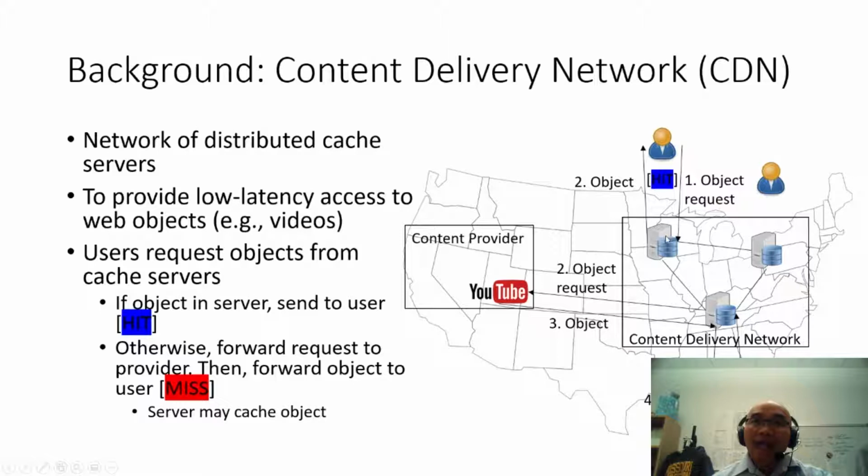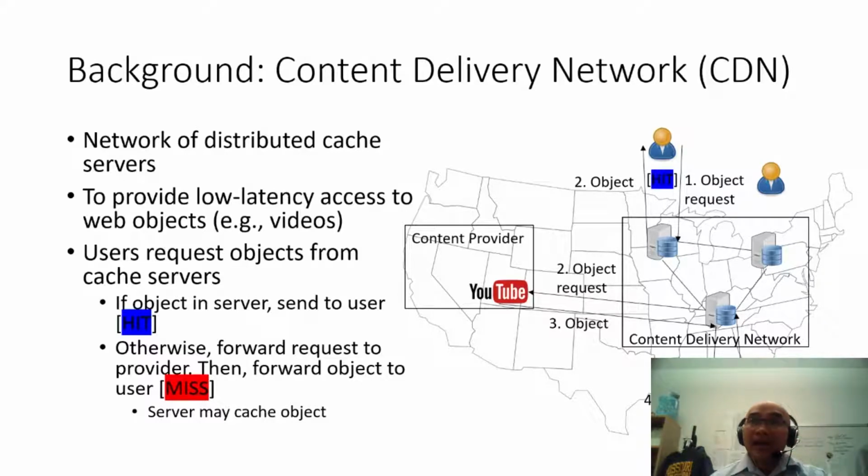And if the server has this object, then the object is going to be sent to the user directly. And because the server is nearby, the latency it takes to obtain the object is really short.